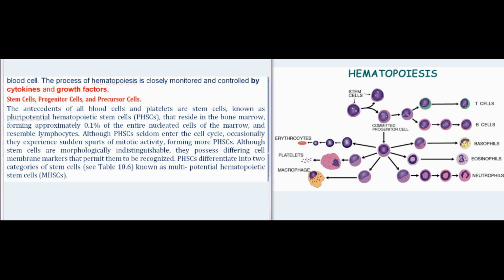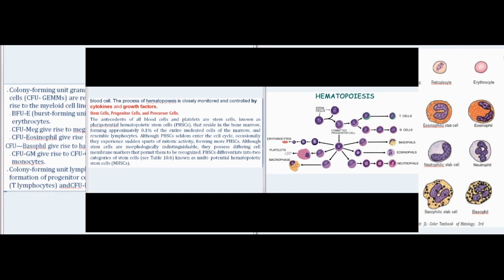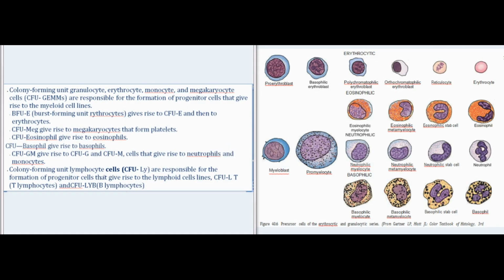PHSCs differentiate into two categories of stem cells, see Table 10.6, known as multipotential hematopoietic stem cells, MHSCs. Colony-forming unit granulocyte, erythrocyte, monocyte, and megakaryocyte cells, CFU-GEMMs, are responsible for the formation of progenitor cells that give rise to the myeloid cell lines.